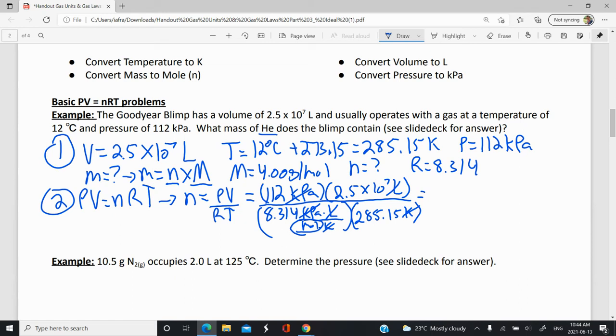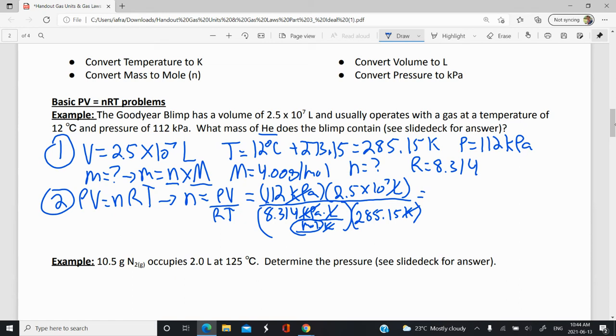So let's go ahead and plug this into our calculator and see what we get. So we get 112 times 2.5 times 10 to the power of 7 divided by 8.314 gas constant divided by 285.15.